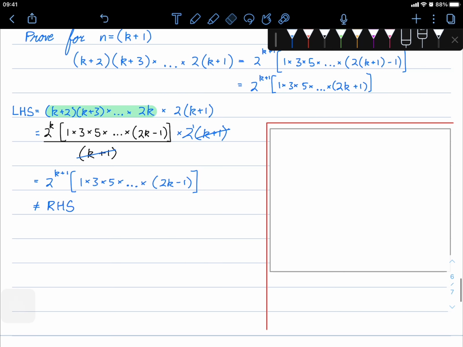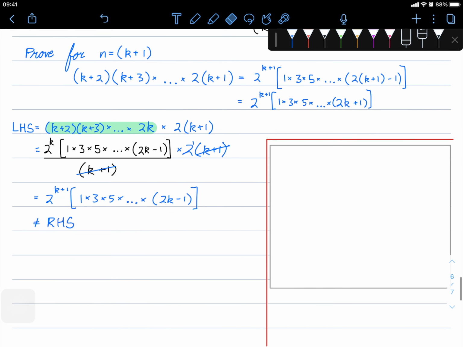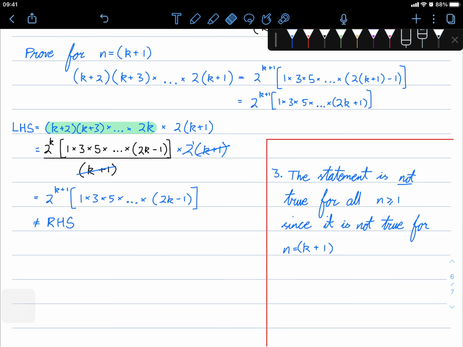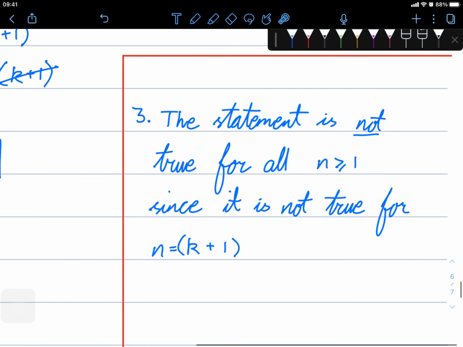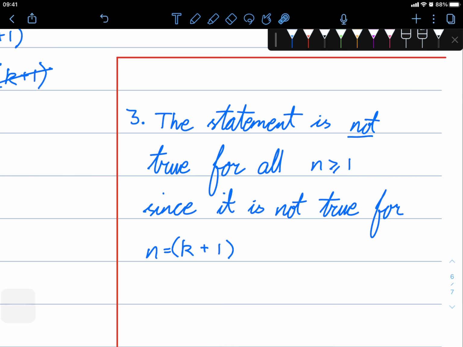Now this is the only example that I've done to show this, because sometimes it's actually not a true statement. So in cases such as this, we simply write the exact same thing. The statement is not true for all n greater than or equal to 1, since it is not true for n is equal to k plus 1.